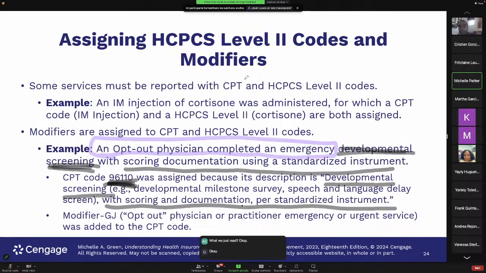Now, the 96.110 will tell you to check modifiers, and it will guide you to the modifiers that you have. When you go to the modifiers, there's one that's opt-out. Now you have the word opt-out. Then it says physician or practitioner, in this case, physician. And then it says emergency.